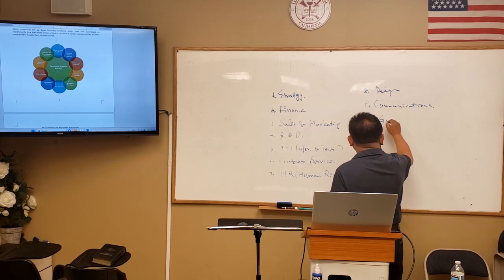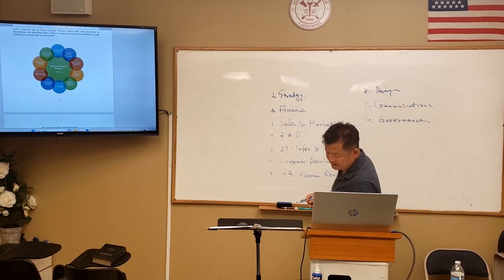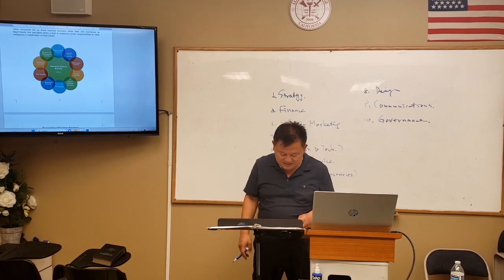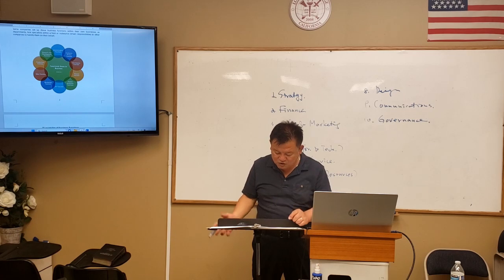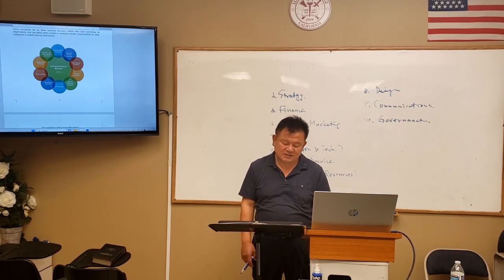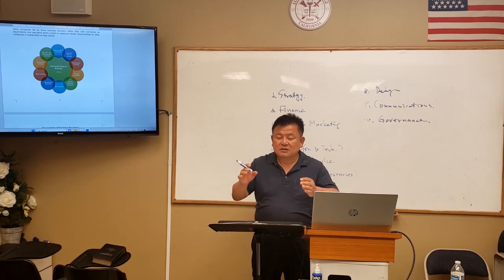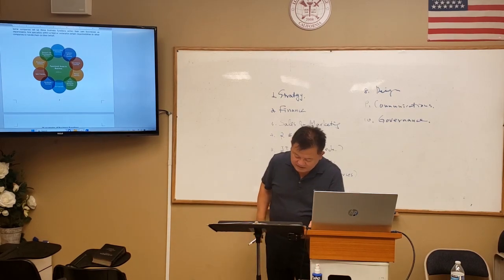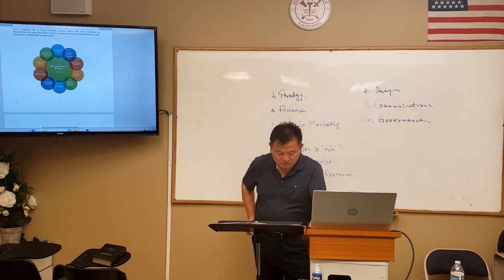Tenth is governance. Governance is a little bit related to authorities. Corporate governance is the direction and control of a company through a system of rules. Each company has its own separate system of rules, and its processes and practices are specified there.